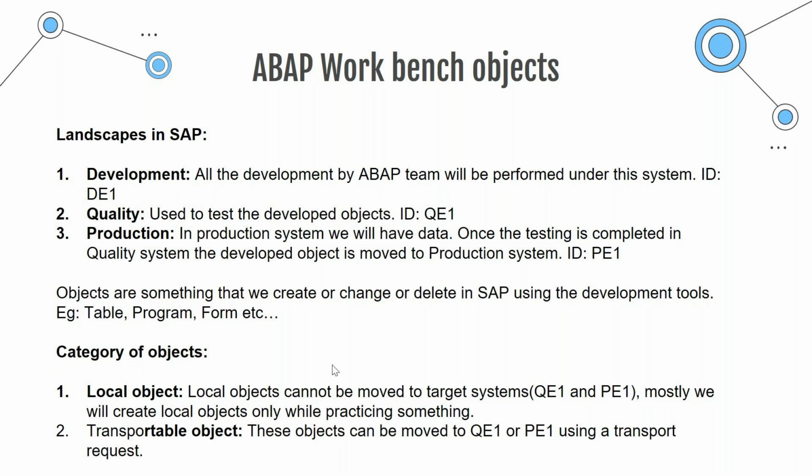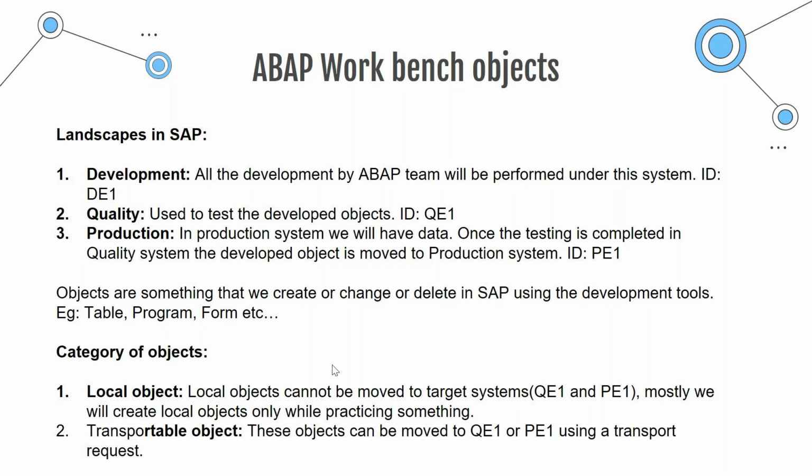Okay, done. Then, first of all, what is a workbench? We have written here ABAP workbench object. What is a workbench object? Workbench objects are those objects which are normally created by the ABAP team. In SAP we have two types of objects: workbench objects and customizing objects. Workbench objects are always created by the ABAP team.